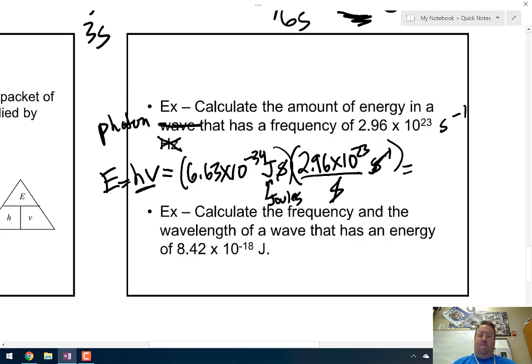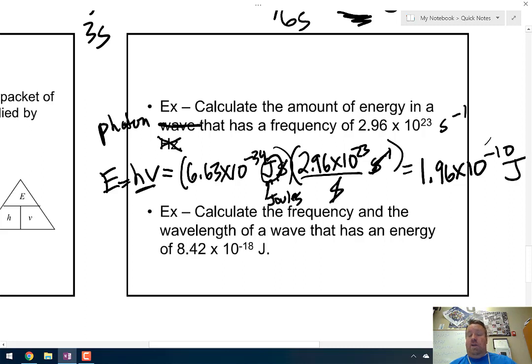And so now I need my calculator. 6.63 times 10 to the negative 34th times 2.96 times 10 to the 23rd gives me a value of 1.96 times 10 to the negative 10th. And everything's gone except for joules.